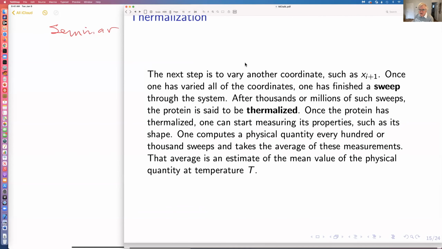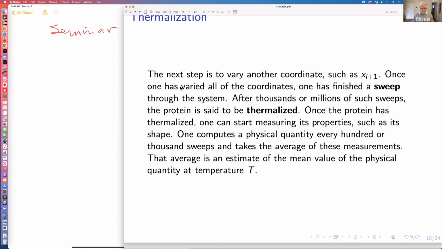Okay, thermalization. So the next step is to vary the next coordinate, xi plus 1, and then you go through all 1,000 atoms of the protein. And that's called one sweep. Then after thousands or millions of such sweeps, you say the protein is thermalized. Once the protein is thermalized, you can start measuring its properties, such as its shape. And of course, the reason you want to know the shape is that the shape has a lot to do with the functionality of the protein.